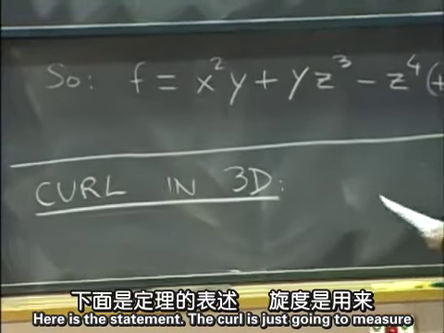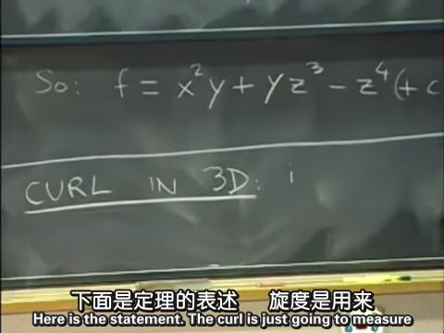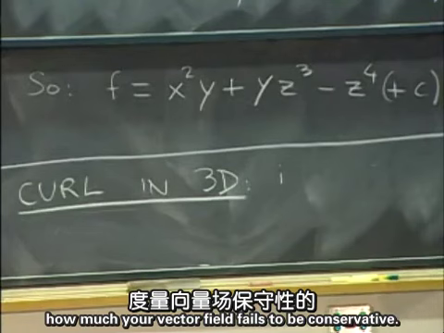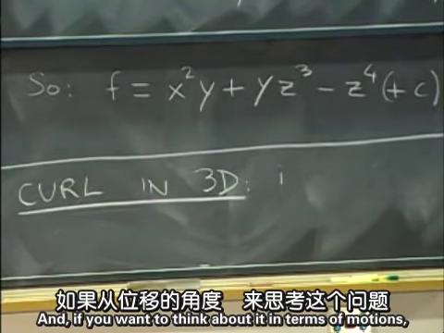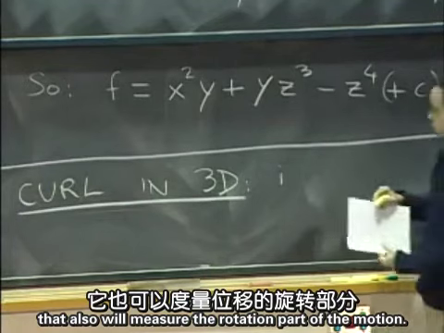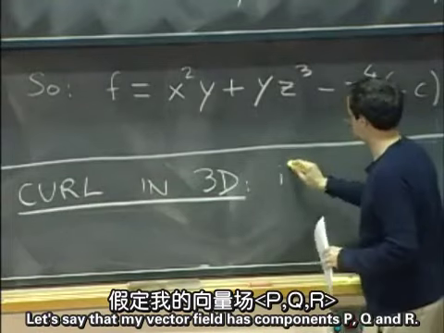Okay, so here's the statement. The curl actually is just going to measure how much your vector field fails to be conservative. And if you want to think about it in terms of motions, that also will measure the rotation part of a motion. So let me first give the definition anyway.